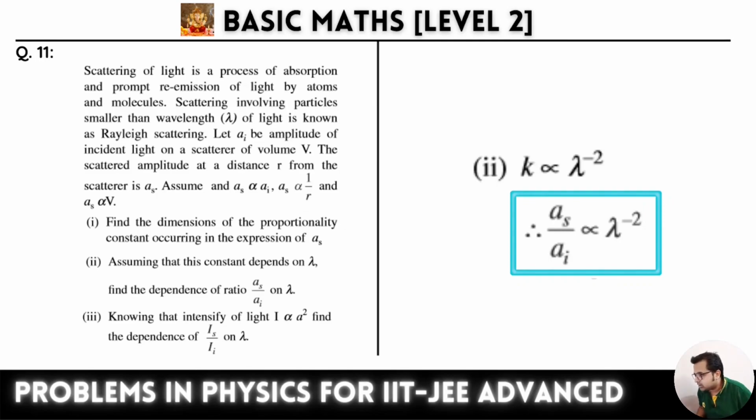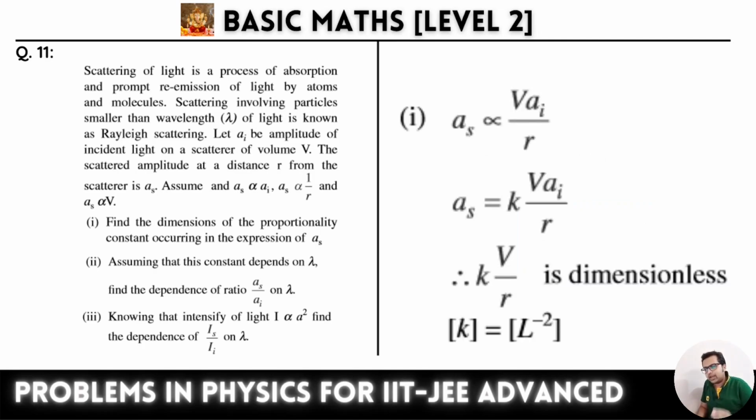In the second part it is given that, assuming this constant k, which we derived, depends on lambda, where lambda is the wavelength, find the dependence of the ratio As upon Ai on lambda.